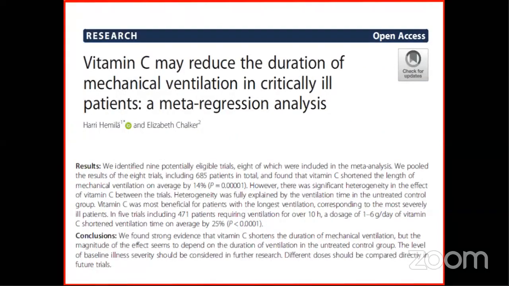Regarding vitamins, vitamin C, vitamin D, and supplements with trace elements like zinc. We don't have specific data related to COVID-19, but we have previous data regarding mechanically ventilated and critically ill patients.